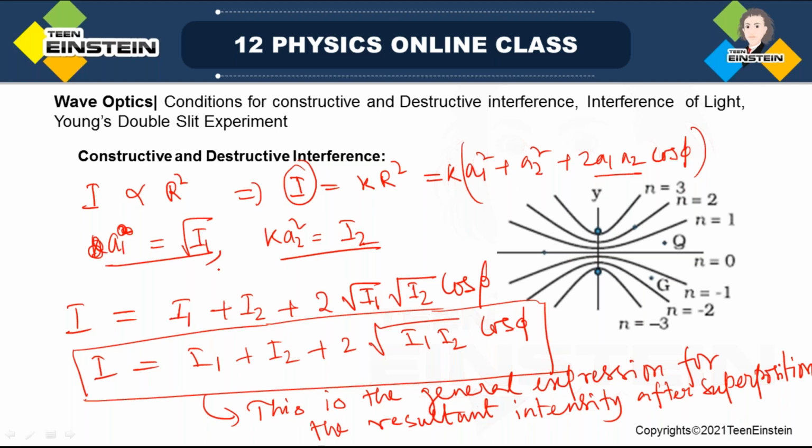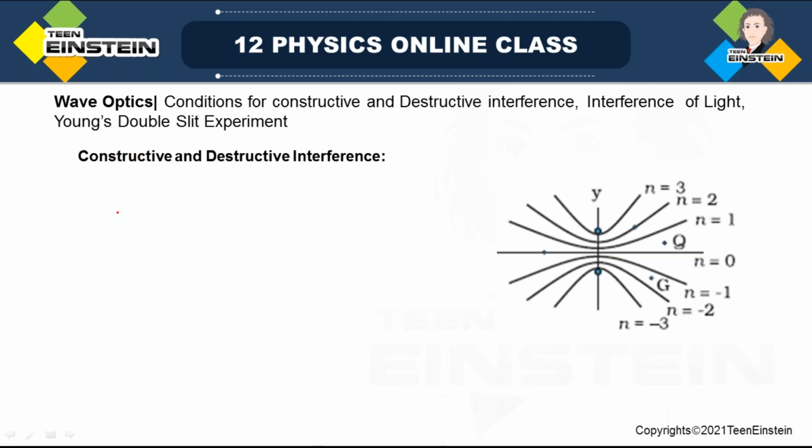So look, from here we have to find out the conditions. Since this is a general expression, we can find out both the conditions for constructive interference and the conditions for destructive interference as well. Let us clean.